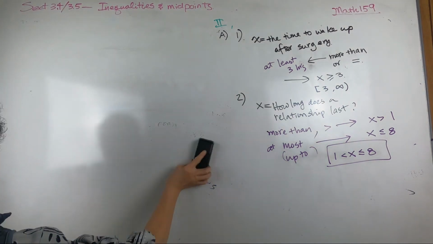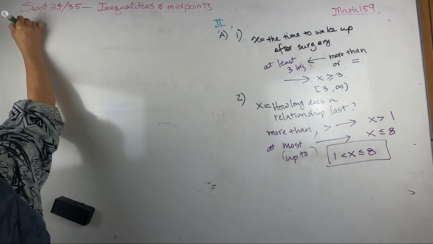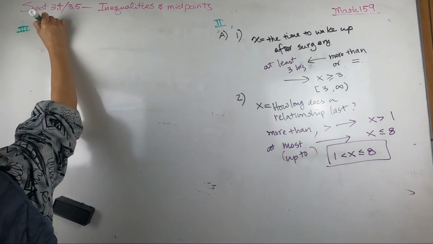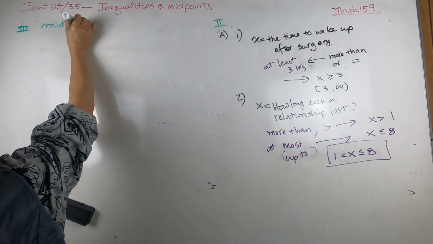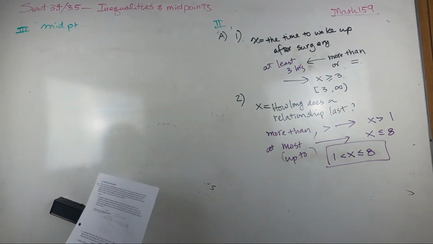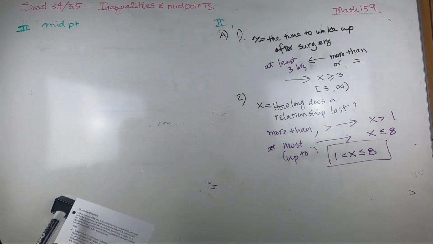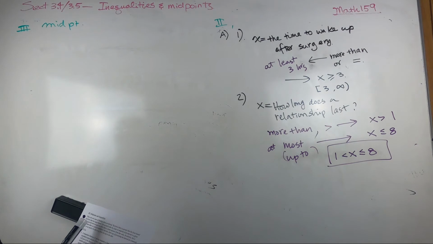Let's look at the next one. On your page 30, we are going to talk about midpoint and inequalities. Sometimes we use the midpoint as well. Okay, so on your page 30, look at the top. It says, there are two ways of thinking about an interval.